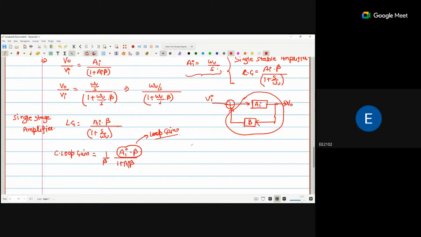Now for the single stage amplifier, this Ai beta is equal to Ai beta upon 1 plus S upon omega u. This is the loop gain for the feedback circuit, and this one is the loop gain for the single stage amplifier.